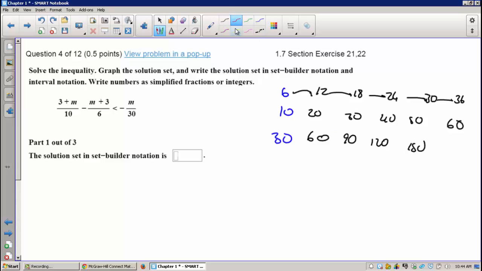Do you see they meet at a single number so far? Do you see the same number in each row, in 3 different rows? 30. Everywhere. So that's the least common multiple of them, or we call it the common denominator.